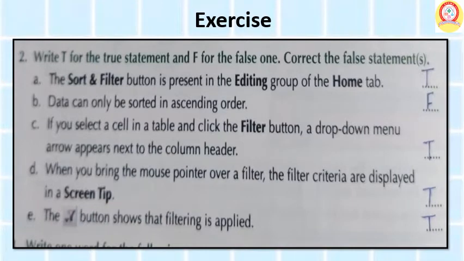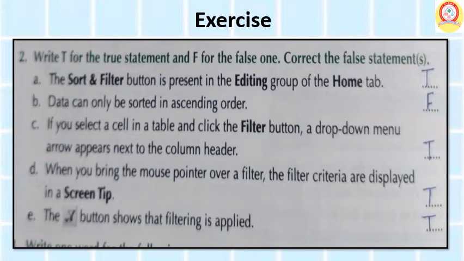Question 2. Write T for the true statement and F for the false one. Correct the false statements. A. The Sort and Filter button is present in the Editing group of the Home tab. True. B. Data can only be sorted in ascending order. False.